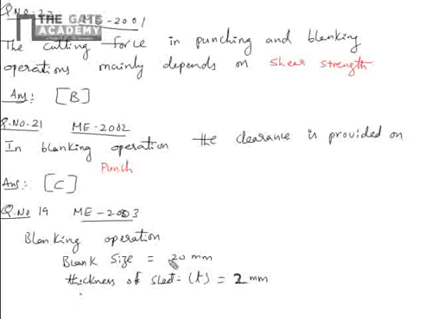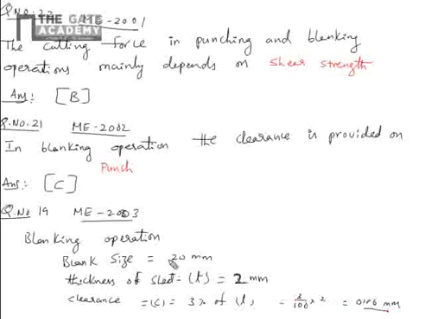If we mention 3%, it is always 3% of thickness, which is 3 by 100 into 2, that is 0.06 mm.